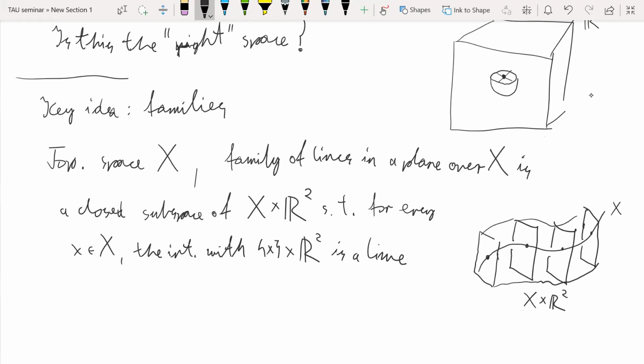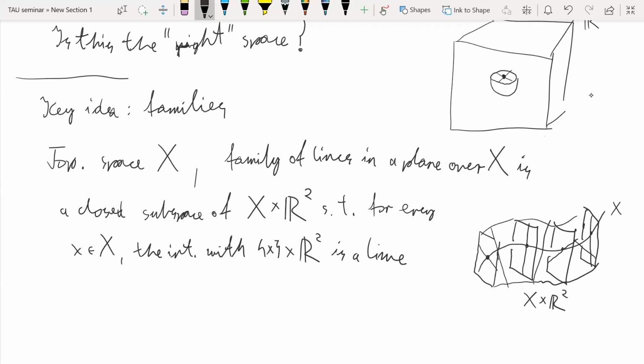So this means that for every such section of the plane, I'll be choosing some line, and those lines can somehow vary as we traverse this whole family.